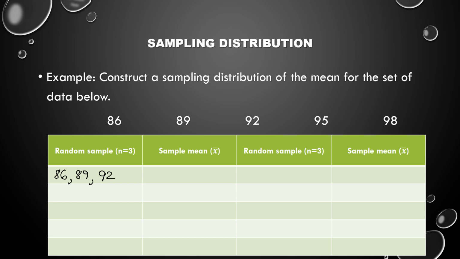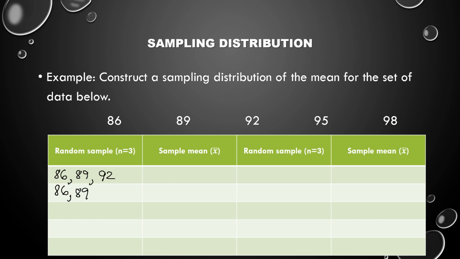So that's one possibility. Since we still have more possibilities, the next combination starts from 86. We go down to the next number, which is 89.